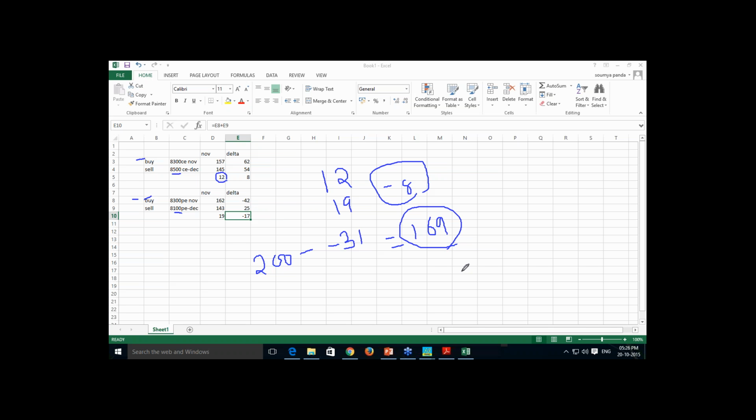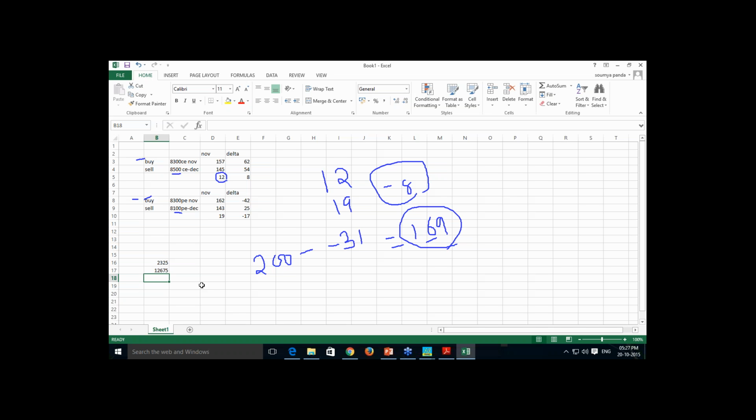In the same way, if the price falls back to the 7,800 or 8,000 level, I have chances to win a maximum of 169. Based on the lot size, if you multiply, my risk reward works out in this order. 31 rupees I have taken as risk, 75 is the lot size, so a maximum of 2,300 will be my loss risk. 169, theoretically, is about 12,000 rupees of theoretical profit.